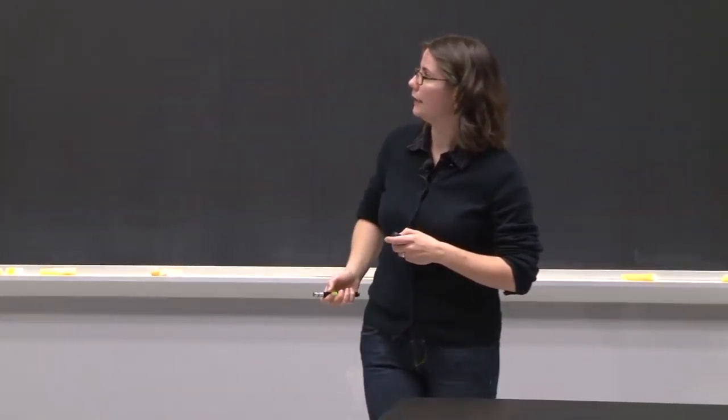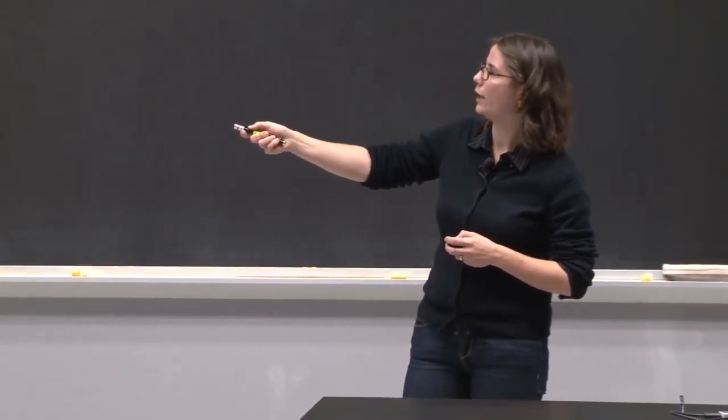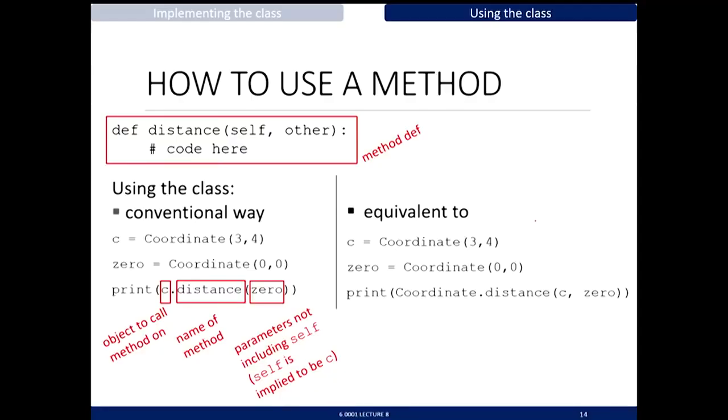An easier way to see what happens is by looking at what this line here is equivalent to. The third line here, print c.distance(0), is equivalent to the one on the right.